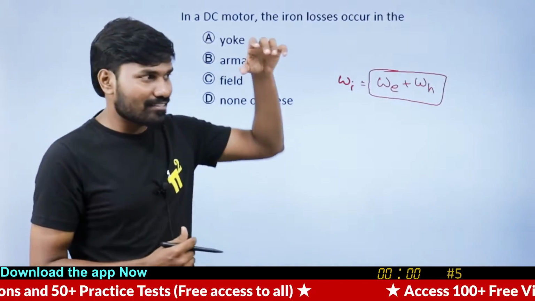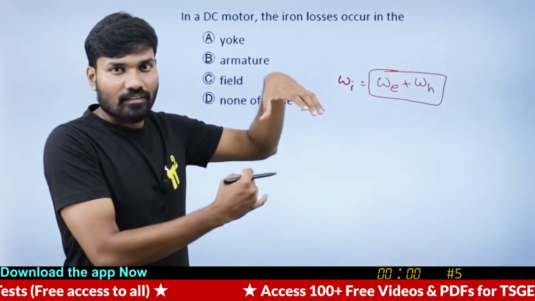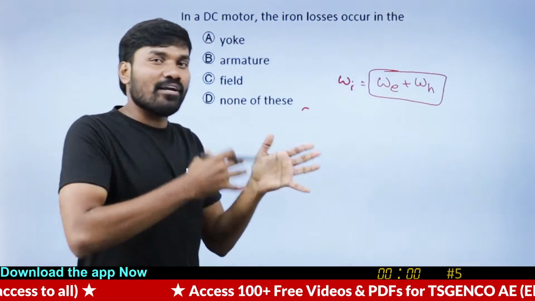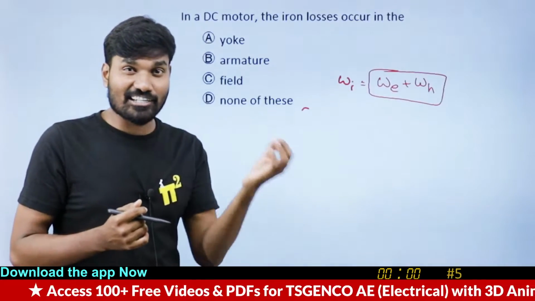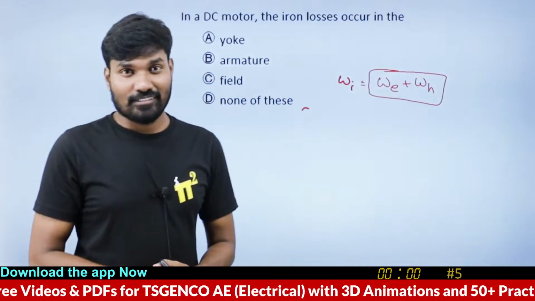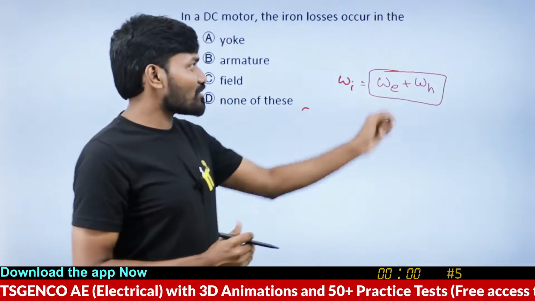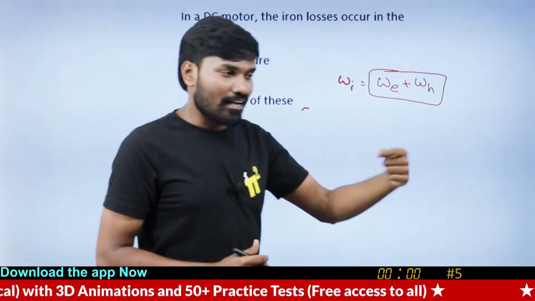Steady flux is there, the armature is rotating, so the armature will also induce EMF, not just the armature conductor. The silicon steel itself is having current. That's why you're laminating the armature. Why laminate the armature? To reduce eddy current loss only, right?